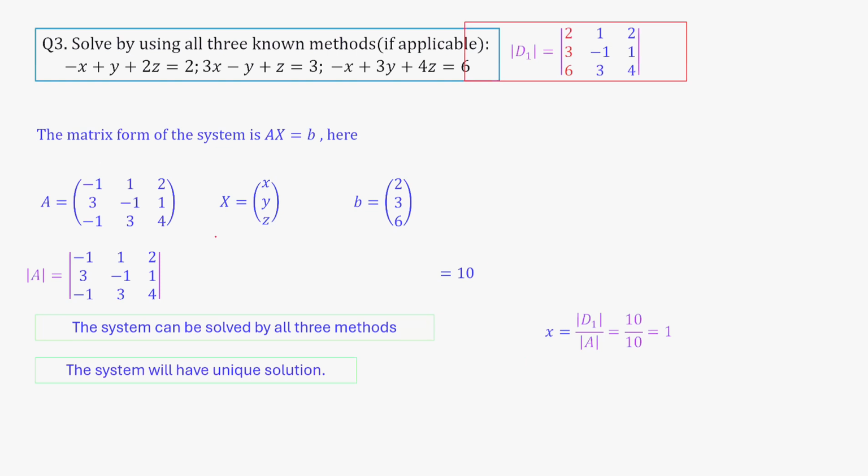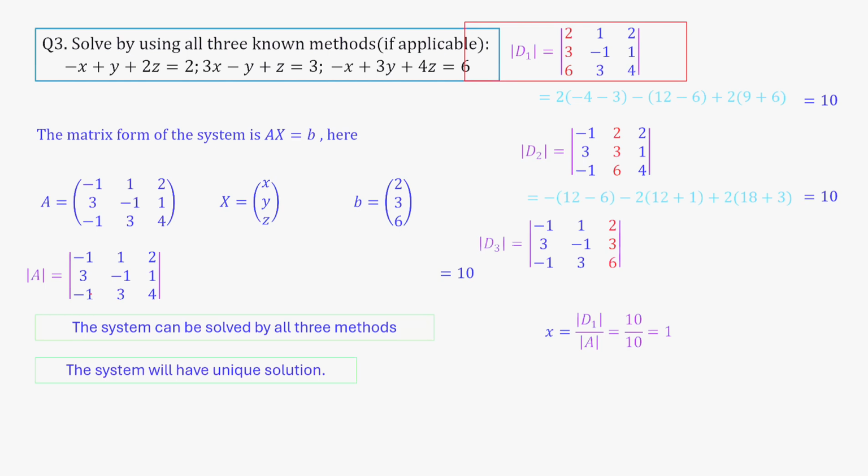D1 is from the matrix A, replacing the first column by the vector B, and then calculate the determinant D1, which is equal to 10. Same way we calculate D2 by replacing column 2, and it is also coming 10. Third, we do D3 by replacing column 3, and it is also coming 10.